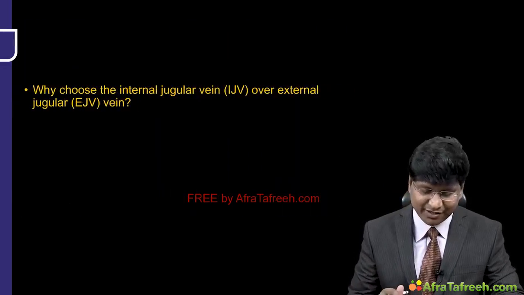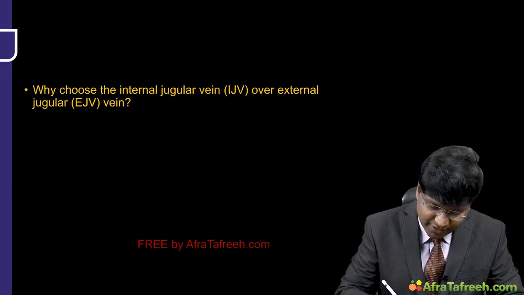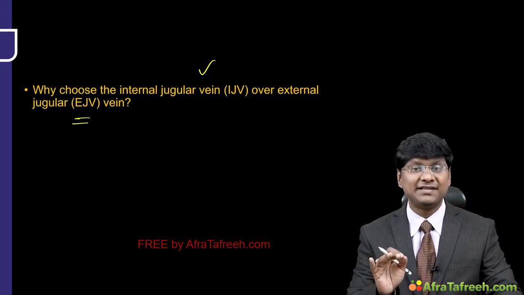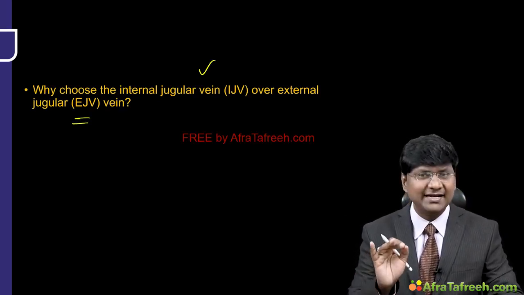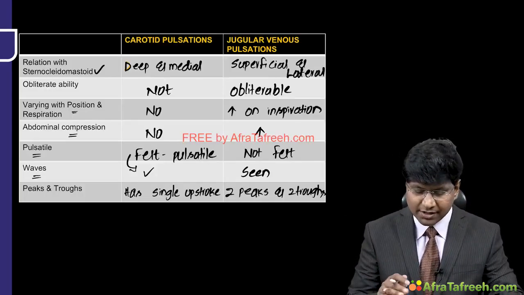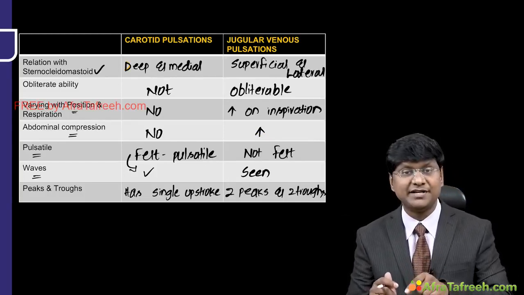And the next important point is, why are we choosing the internal jugular vein over the external jugular vein for assessment of the right atrial pressure changes? For this, you need to understand a little bit of the anatomy of the jugular vein. Before going on to that, let me tell you one more difference between the carotid and jugular venous pulsations.